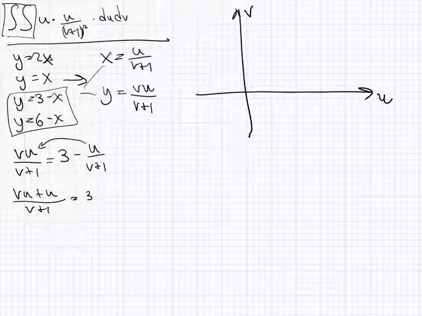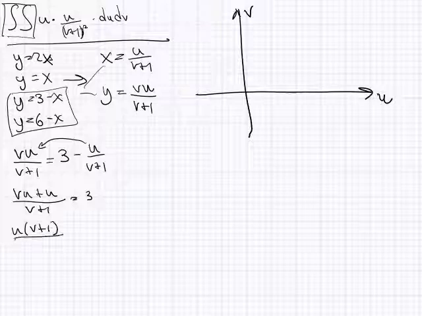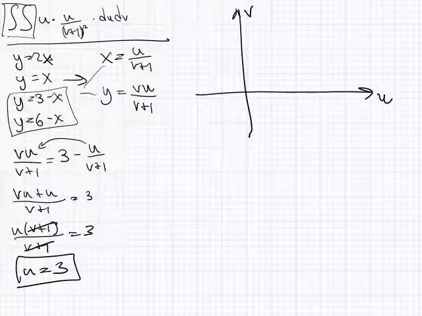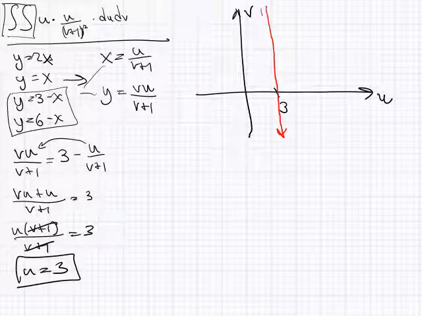But if I factor out a u, I get u times (v plus 1) over (v plus 1) equals 3. Well, the (v plus 1)'s cancel, so u equals 3. So there's one equation. u equals 3 would be this vertical line there.